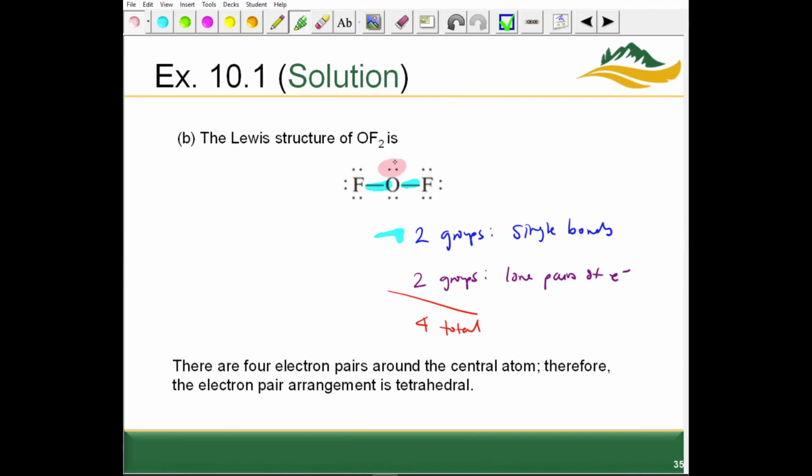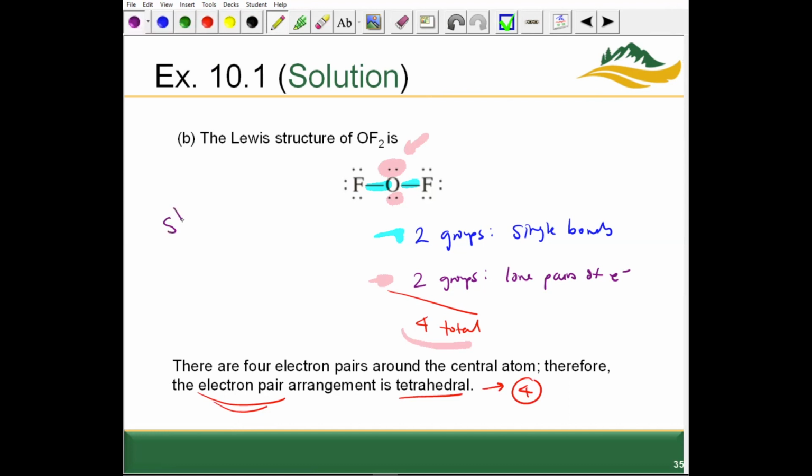So 1 lone pair, a second lone pair, that's 2 groups here for a total of 4 groups around the central atom. So the electron pair arrangement is considered tetrahedral because we have 4 groups around the central atom.